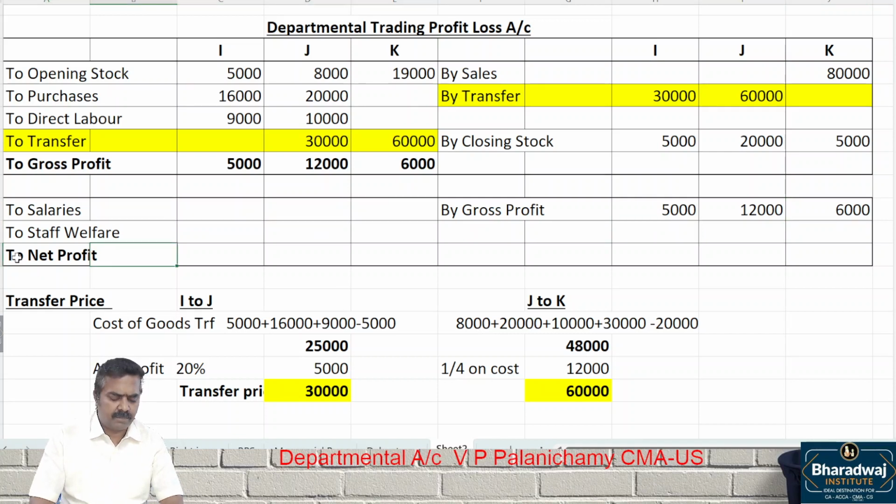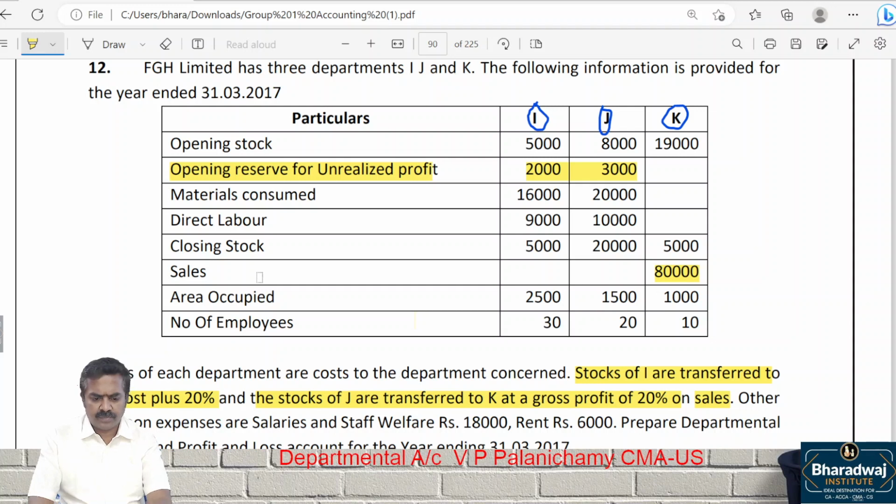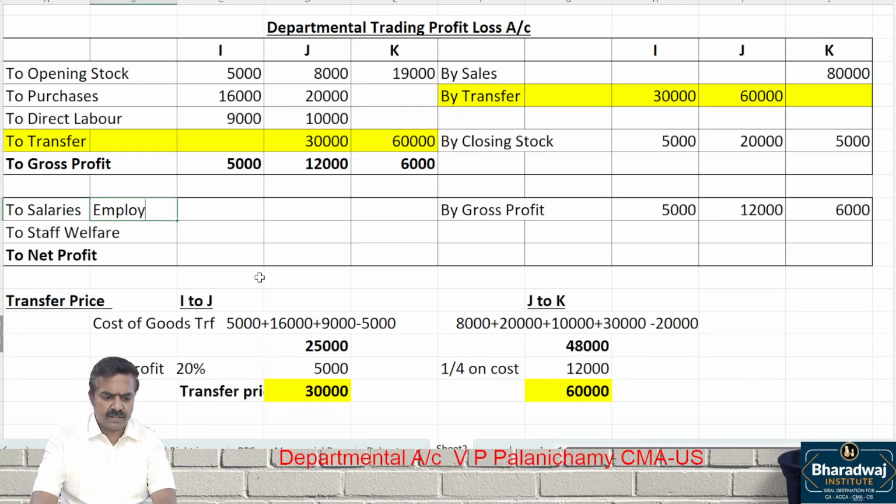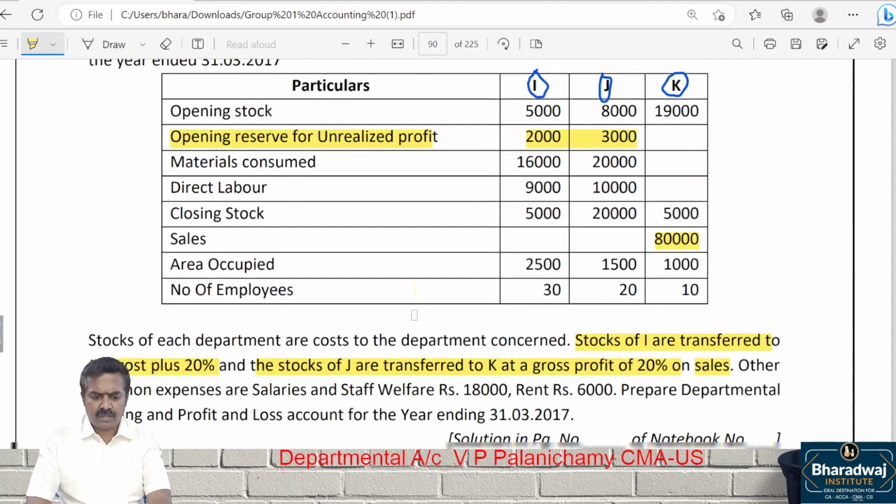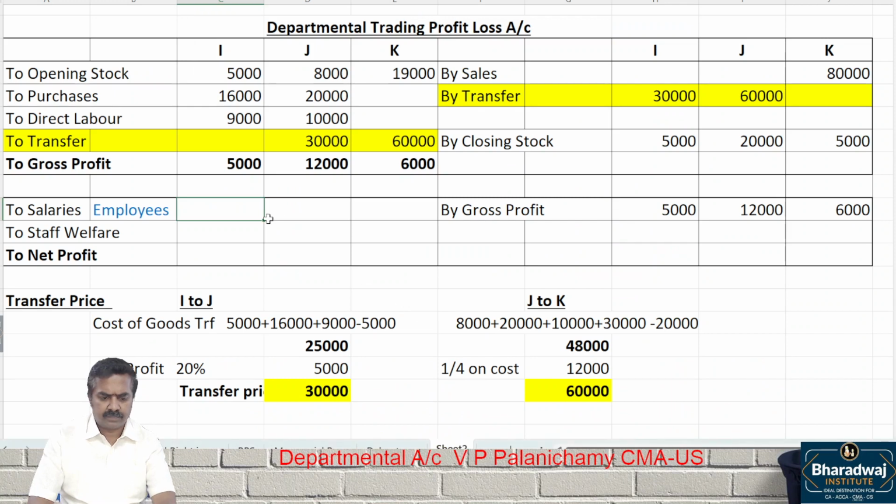Salaries. Salaries என்ன ratio apportion பண்ணணும்? Based on number of employees. Apportion it, how much you will get? 3:2:1. 9,000, 6,000, 3,000.